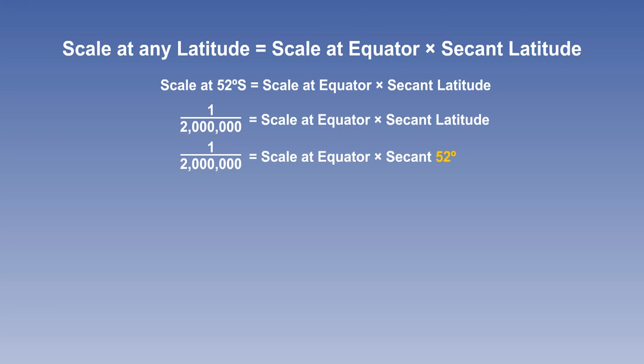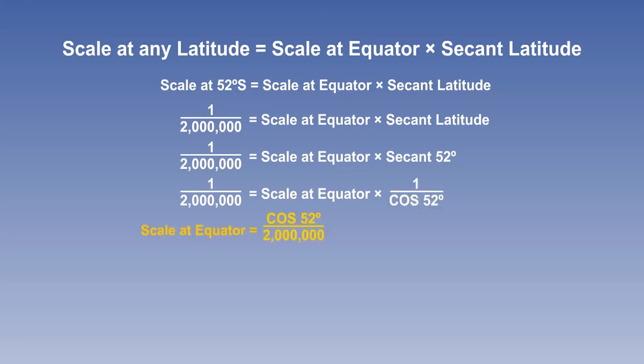And, as before, we can put in the secant of the latitude. And again, write secant as 1 over cos. Rearrange the equation to make the scale at the equator the subject. And remember from the lesson on basic scale, when evaluating a representative fraction, for easy calculator operation, divide the denominator by the numerator and then write the answer as 1 over the result.